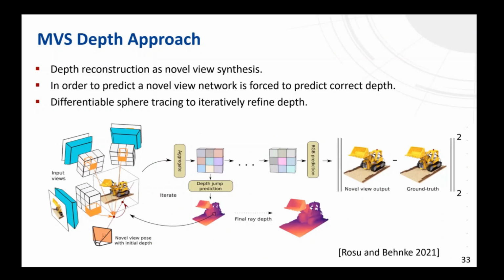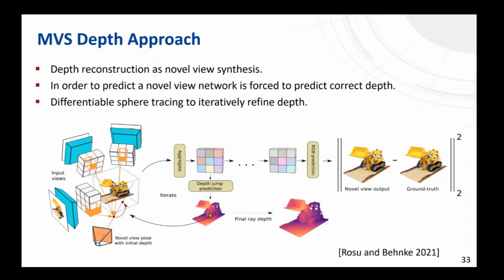In contrast to other methods that sample all locations along a viewing ray to generate a pixel in a novel view, the method by Alex jumps in a few jumps towards the correct depth.